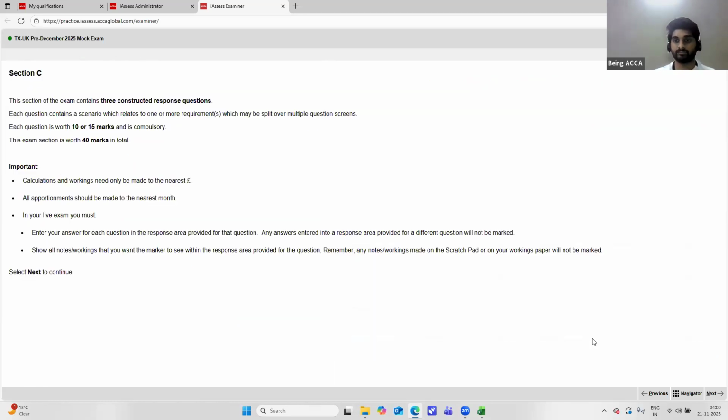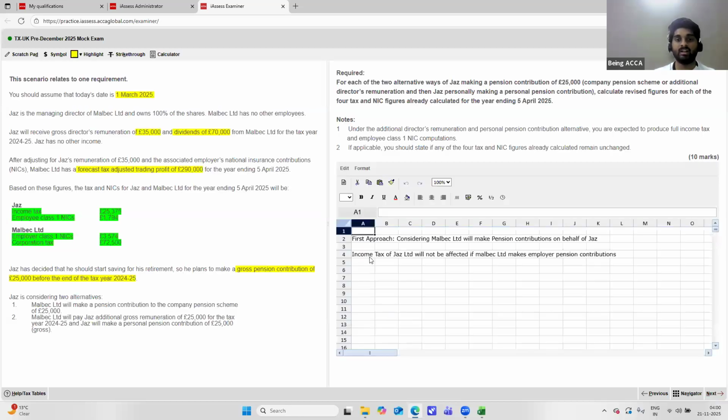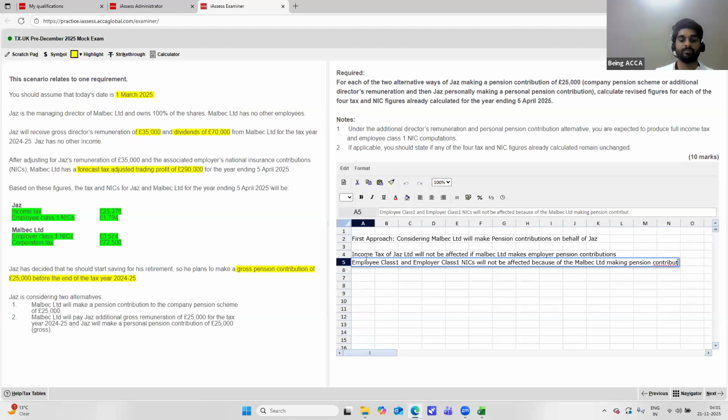Because of that reason, what will happen? Employee class 1 and employer class 1 NICs will not be affected because of Malbec Limited making pension contributions on behalf of Jazz.